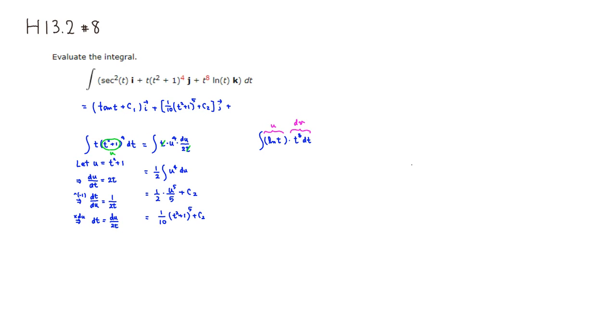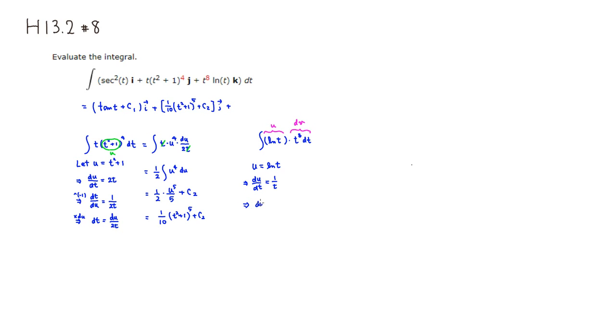So let u be equal to natural log of t. Then you can take the derivative of u with respect to t, which is just 1 over t.